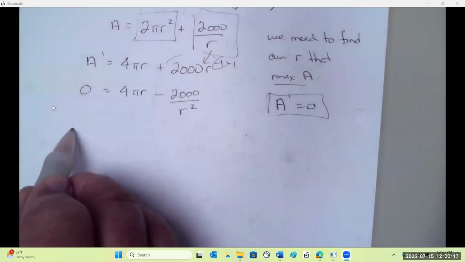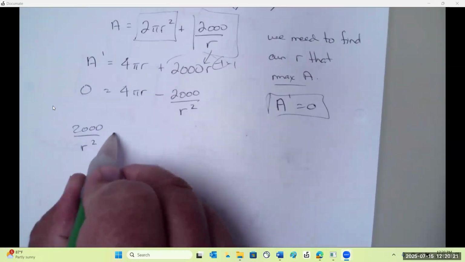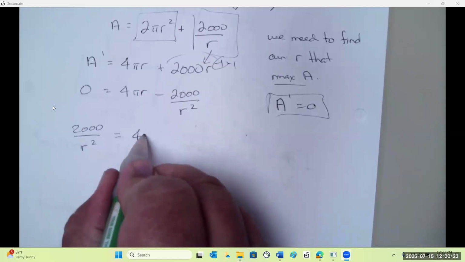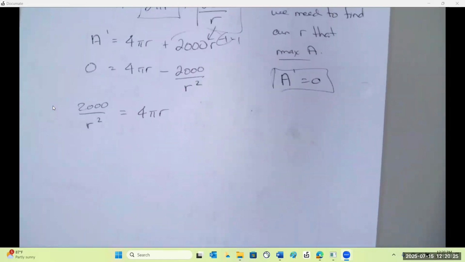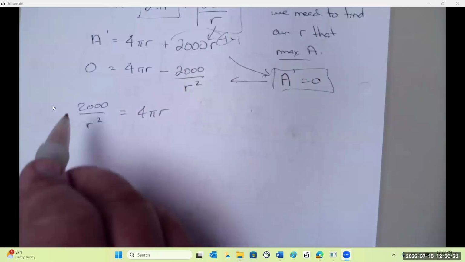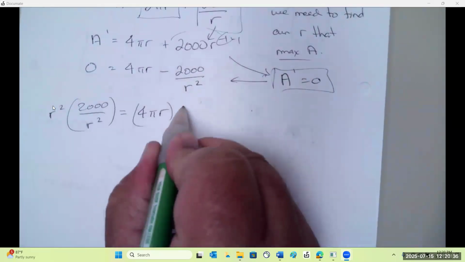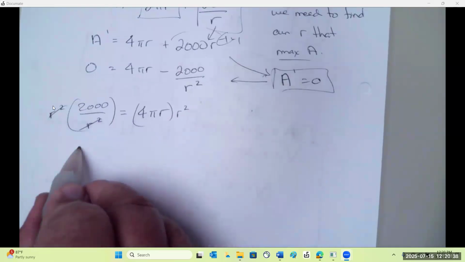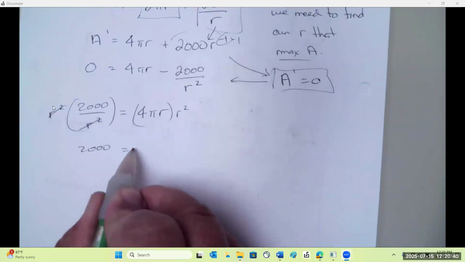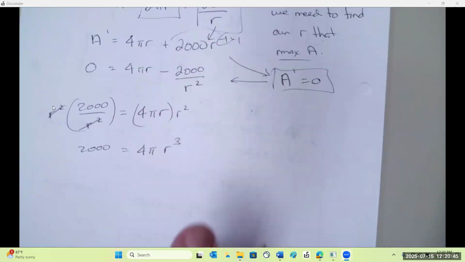We can move this over. We have 2000 over R squared equals 4 pi R. Multiply both sides by R squared. So we have 2000 equals 4 pi R cubed.